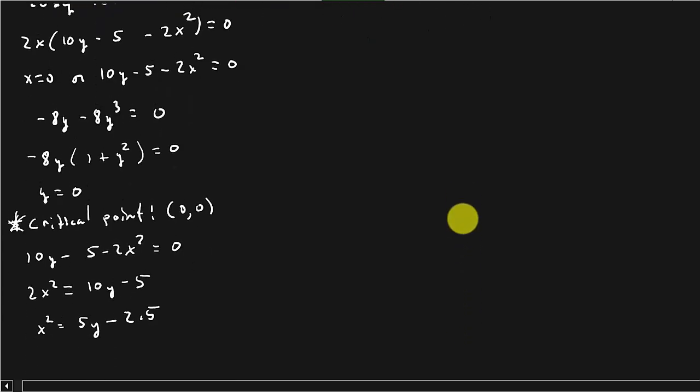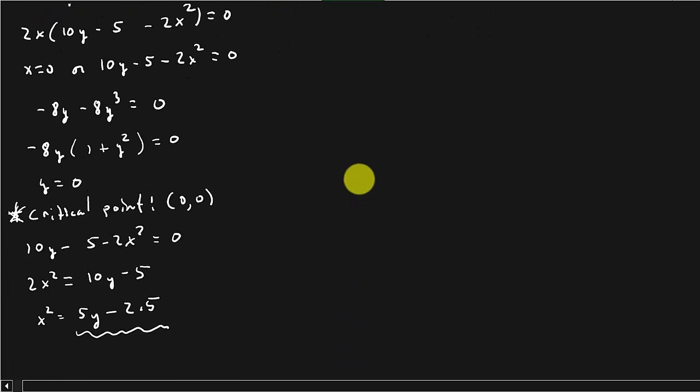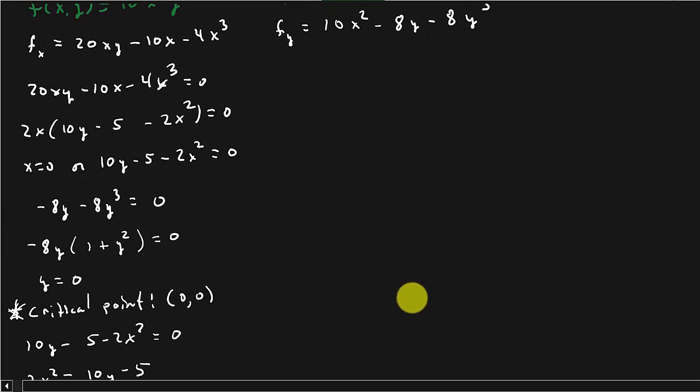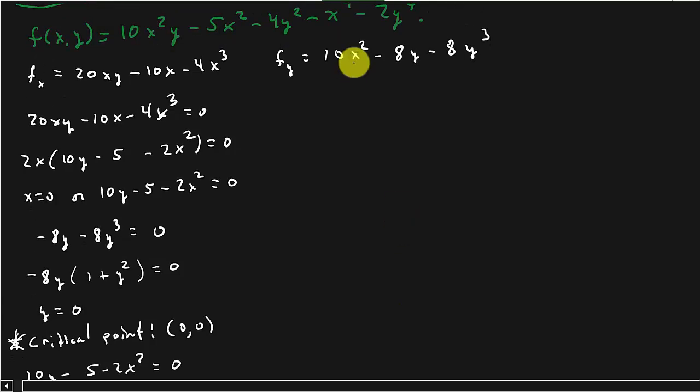What I'm going to do is take this part right here, which is x squared, and put that in for x squared here. When we take this 10x squared minus 8y minus 8y cubed equals 0, I'm going to write this as 5x squared minus 4y minus 4y cubed equals 0.